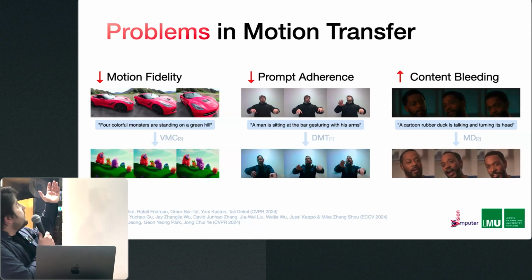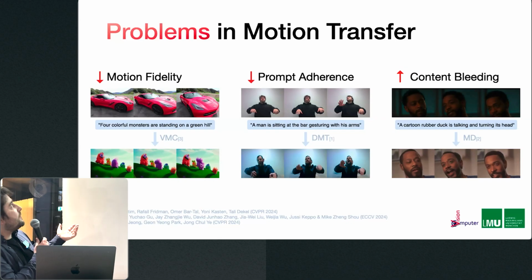These are some baselines, luckily not our model. For example, on the left you can see that the model fails to transfer the camera motion of the input video. It can adhere to the prompt faithfully, which is here a text prompt, but it just doesn't understand what it should do with the camera motion.